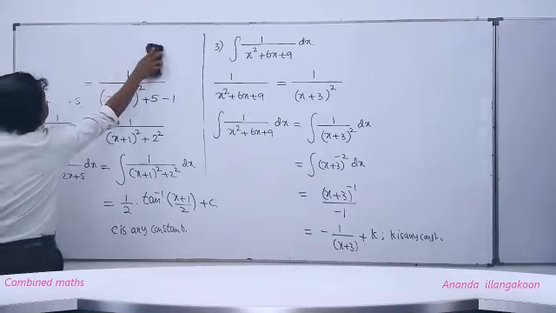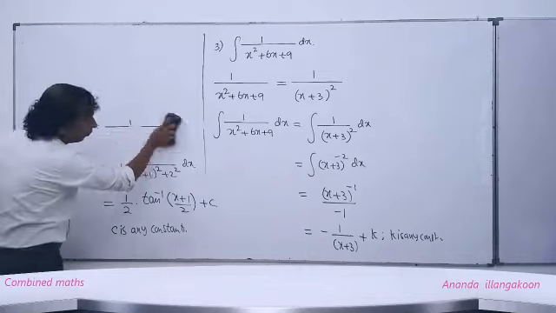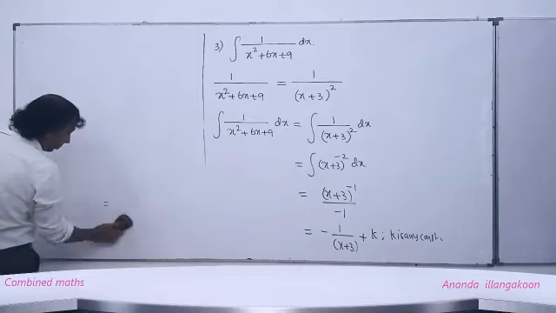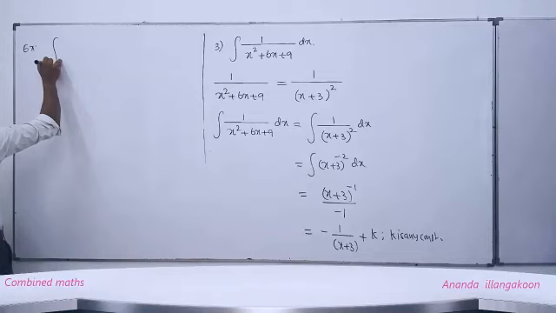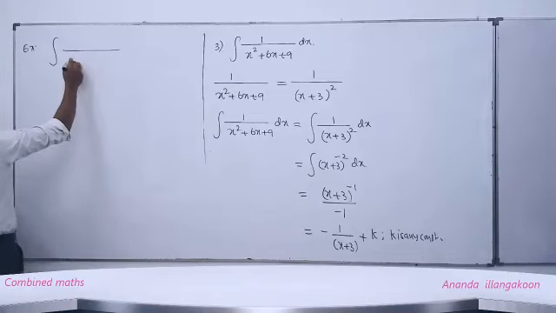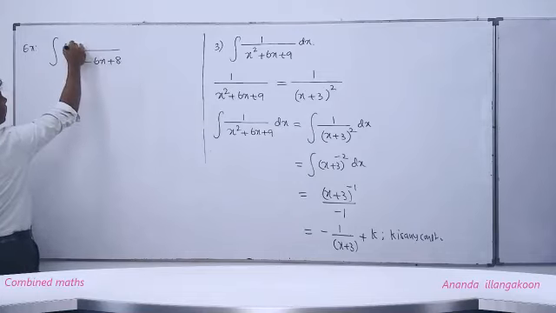Next example. We'll take this one. We'll take x squared minus 6x plus 8, and here x plus 2 dx.